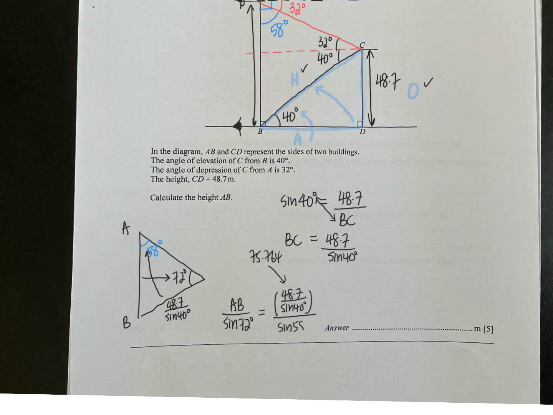Then sine 58. So to find AB, you just multiply this by this thing. Okay, final answer, you can give me 85.0, 84.96, anything to 84.97 they accept.